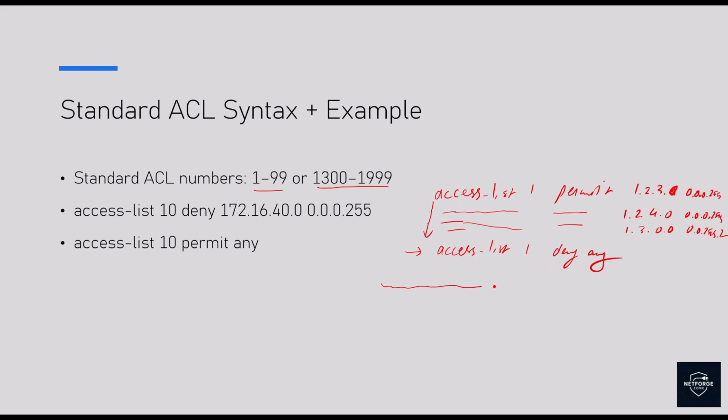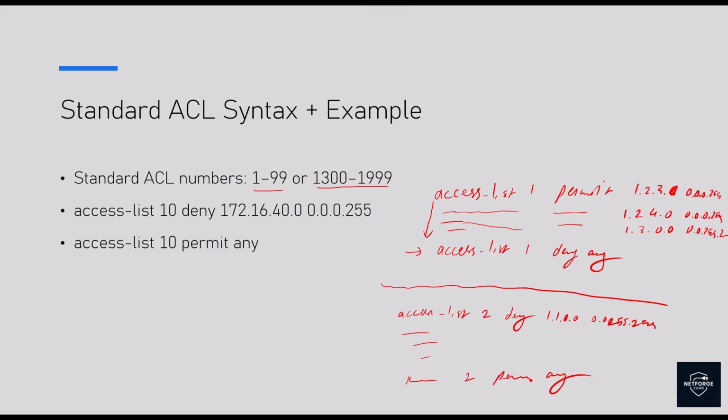Maybe I want to write an access list to deny a specific thing. For example, access list 2, I'm going to deny, let's say, 1.1.0.0 with wildcard 0.0.255.255. And then in the end, after writing some more lines, I'm just going to say access list 2 permit any.